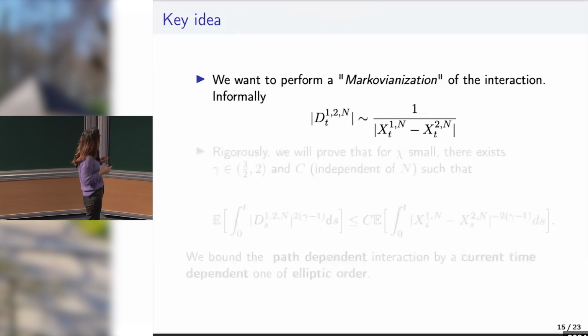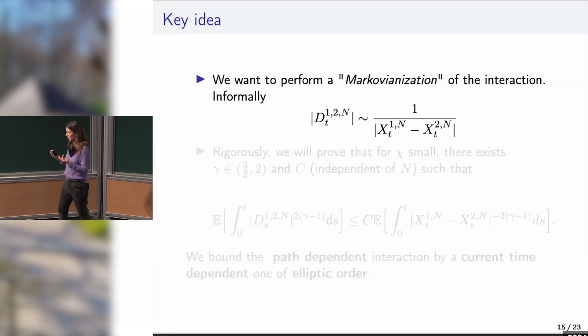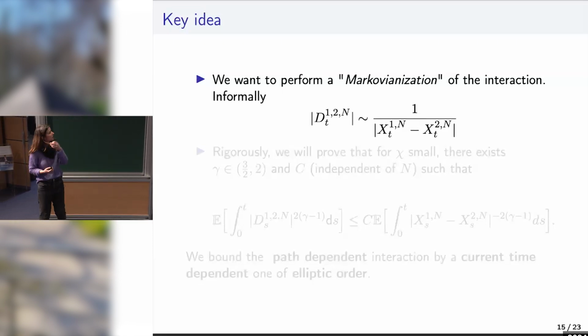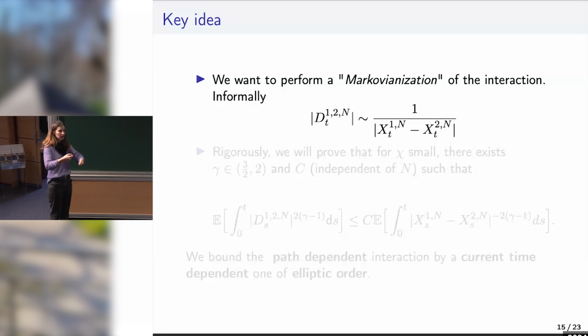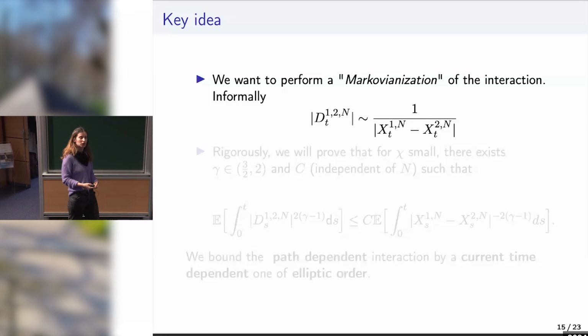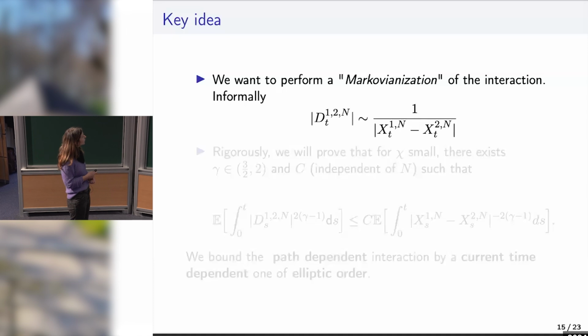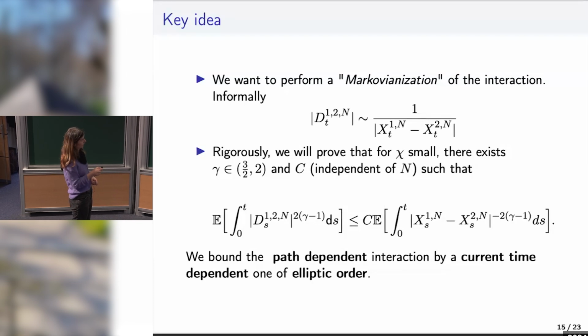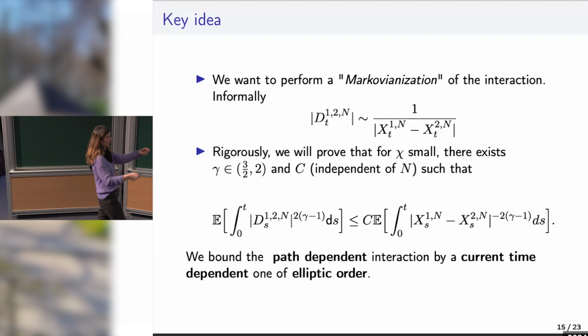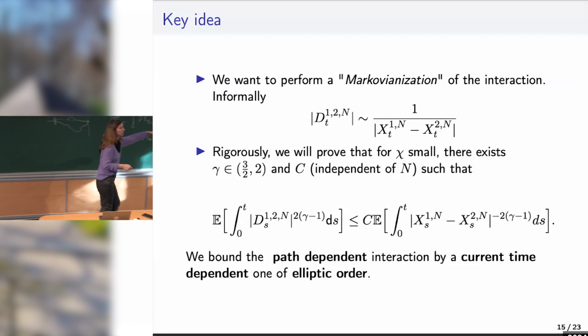And for us, the idea was to perform a Markovianization of the system in order to attack this 2x2 interaction. And rigorously, what we are able to prove is not something like this. This is impossible: if you take two continuous trajectories, you can't get this.